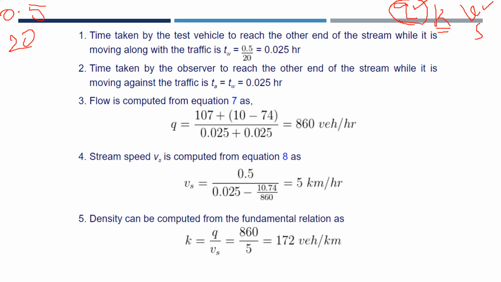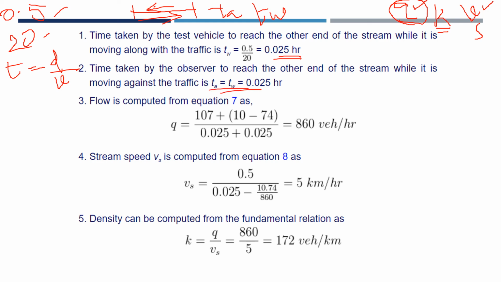So we need to assume that for the trial round trip, in each direction, Ta and Tw are the same, which is the time taken by the vehicle to go from one end to the other. If you know the distance and the speed, time can be calculated by distance divided by speed. So Tw is equal to 0.5 divided by 20, which gives you 0.025 hour, same as Ta.